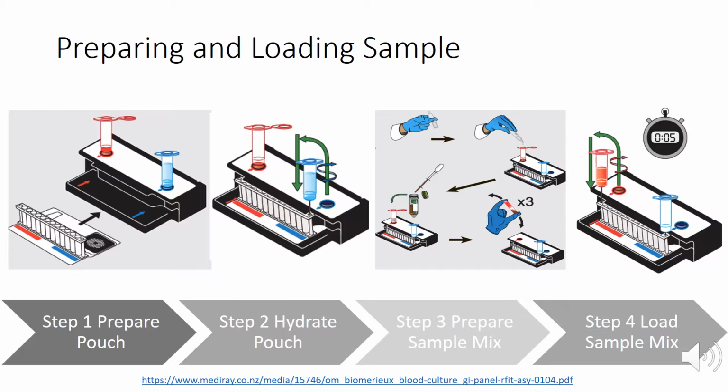The vial is then inverted 3 times and placed into the pouch loading station. Lastly, in step 4, the cap for the sample injection vial is removed, and then we allow the sample to sit for 5 seconds. After 5 seconds, the sample injection vial is inserted into the port.